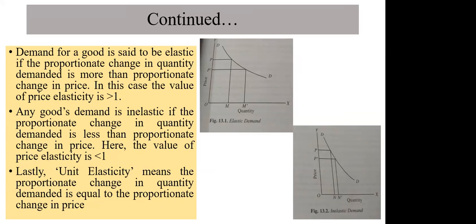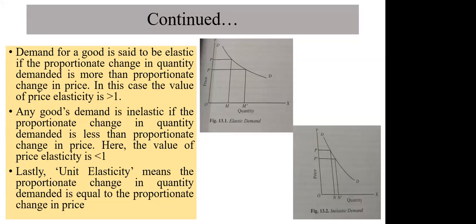So the proportionate change of the quantity demanded is more than the proportionate change of the price. So in this case, we can say that the demand for that particular good is relatively elastic. In this case, the value of the coefficient of price elasticity, that is EP, is greater than 1.